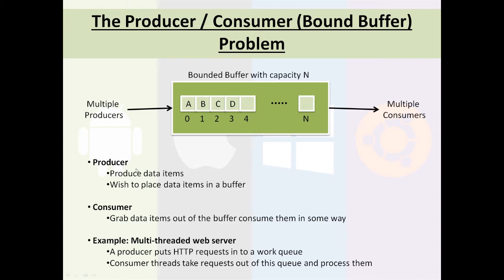Producers produce data items and place them in a buffer, and consumers grab data items out of the buffer and consume them in some way. One real world example is a multi-threaded web server. A producer puts HTTP requests into a work queue, and the consumer thread takes requests out of this queue and processes them.